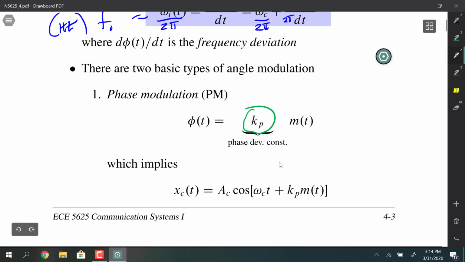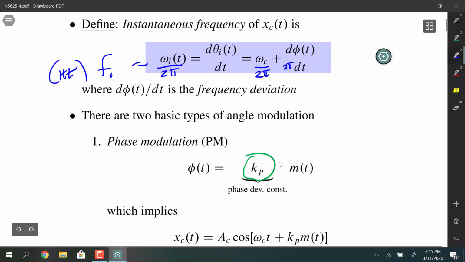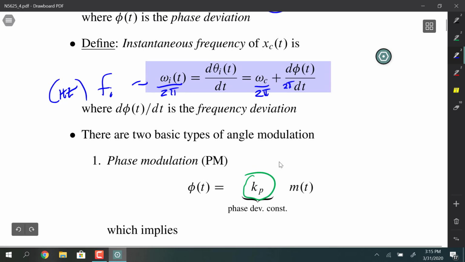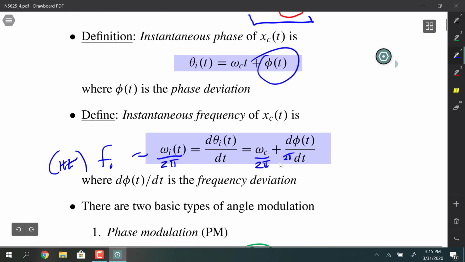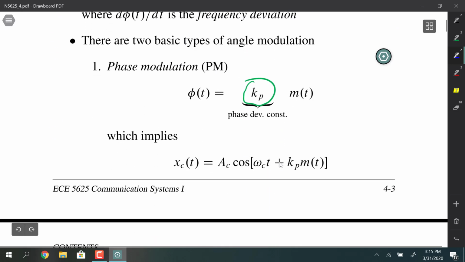At any rate, moving along, now that we have instantaneous frequency, frequency deviation, instantaneous phase, and phase deviation, there are two basic types of angle modulation. There's phase modulation, where you make the phase deviation proportional to the message, and that's this form right here.